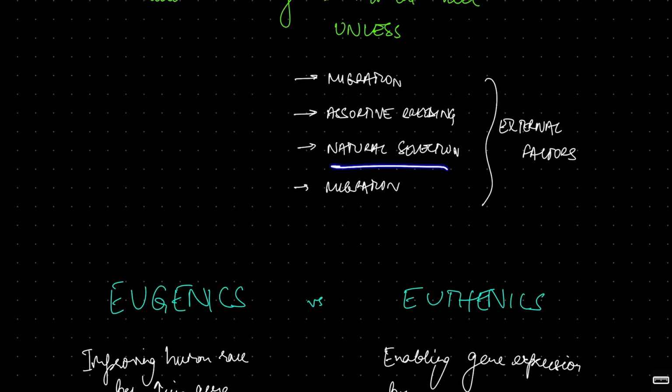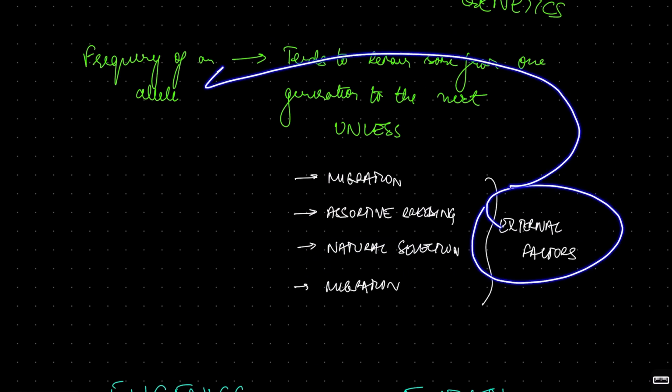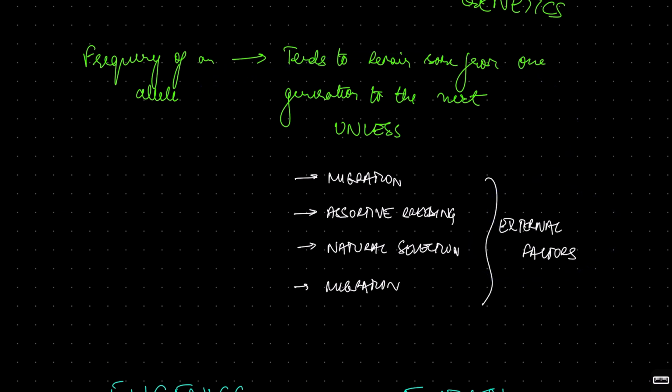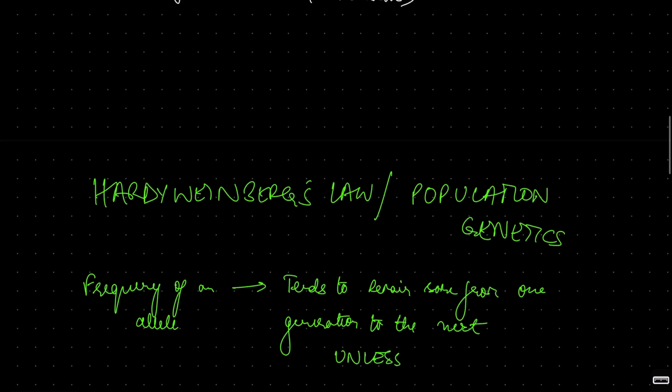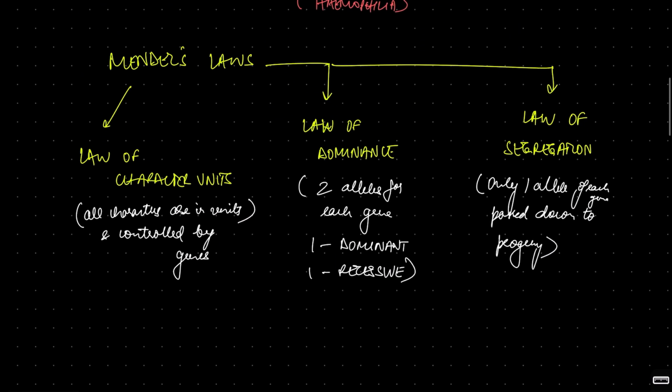That is one more, natural selection. Migration I already told. This should be mutation. Any one of the alleles mutate. So all these external factors can influence the frequency of an allele. But otherwise, the frequency of the allele tends to remain same from one generation to the next. This is Hardy-Weinberg's law.